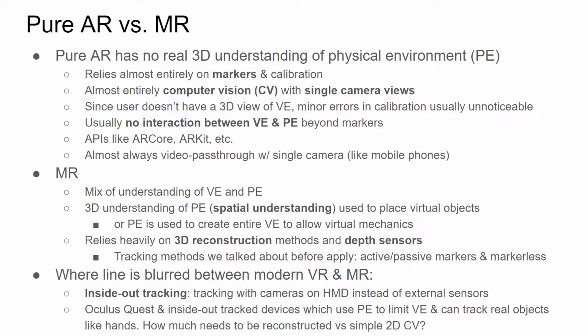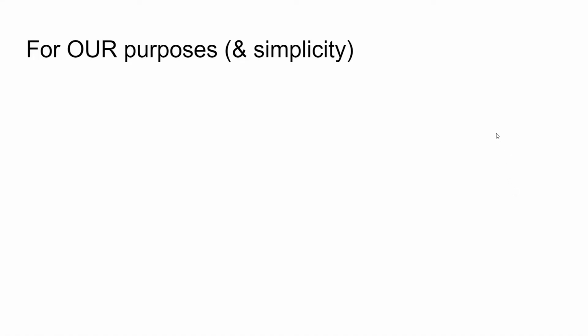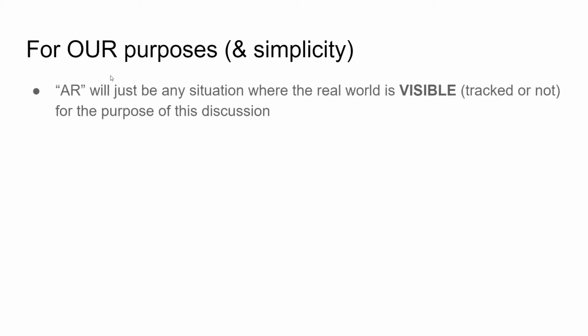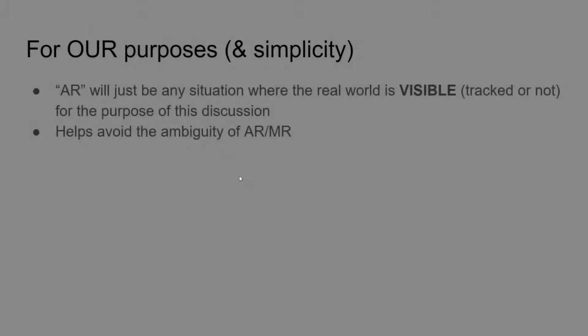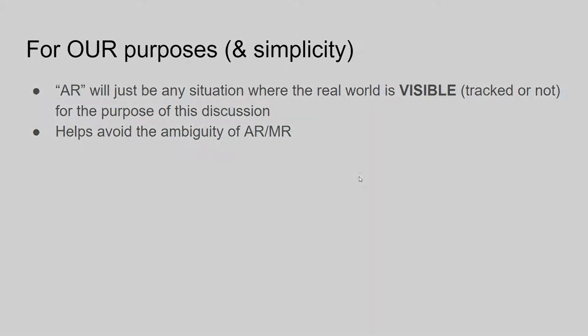I'm actually not going to worry about this, and I should have brought this slide up last time, just to say that for our purposes, we'll assume that AR is just any situation where the real world is visible at all, whether or not it's tracked. I'm just going to use AR as this general purpose term describing any headset in which the user can see the real world. It's just to deal with this ambiguity, and I don't want to deal with it.